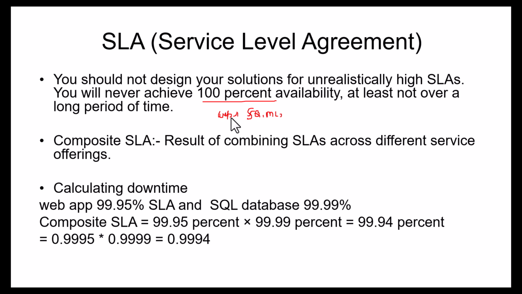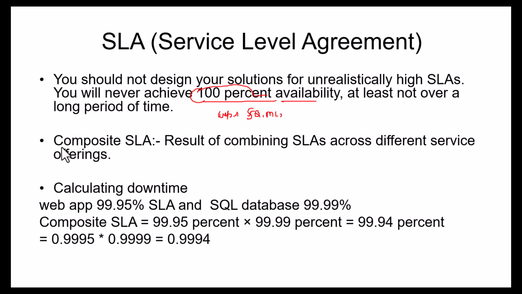Generally, any application is a combination of different resources from Azure. If any one of them goes down, the other resources will also get affected, isn't it? That's why it is not always possible to achieve 100% SLA or availability, but we should always try to get the maximum.